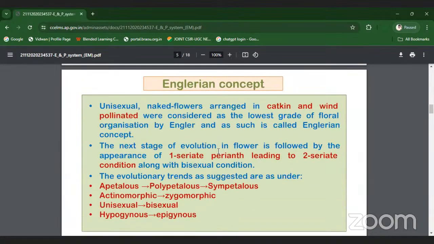So let's see their concept. I already told you, first of all, the gymnosperms are placed before the angiosperms, that is the most important character. Another one is simple to complex. Among the dicotyledons, there is an amalgamation of achlamydeae and monochlamydeae taxa with the polypetalous ones into one group, namely Archichlamydeae.